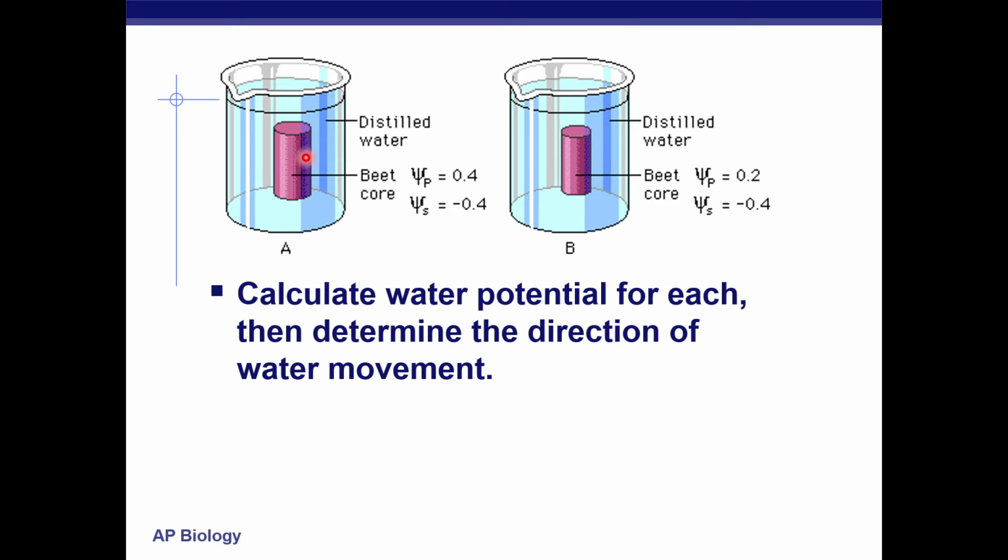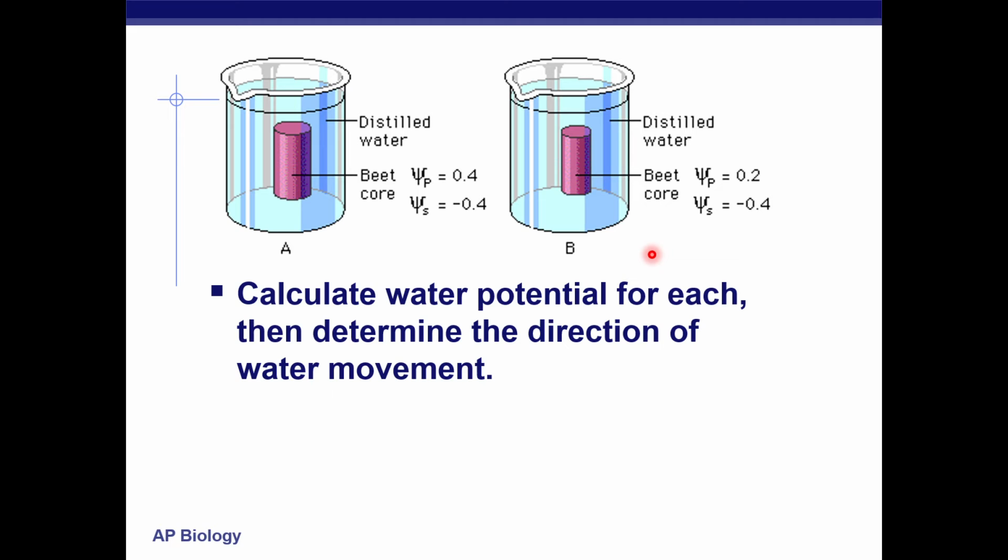So obviously this beet core hasn't been sitting in this water for long enough for the water to move in and fill up those cells and make them turgid to press against the cell wall and increase that cell pressure. So water potential equals pressure potential plus solute potential. That's a 0.2 plus a negative 0.4. And that gives me a total water potential of a negative 0.2.